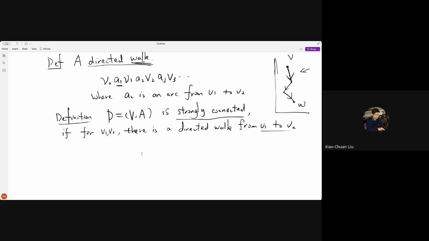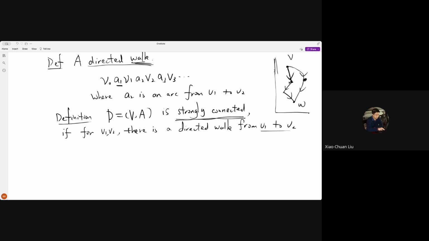So if you think of this, if we want to do something like Euler's theorem to find an Euler tour, this strong connectivity should be necessary. For example, you cannot have something like this.